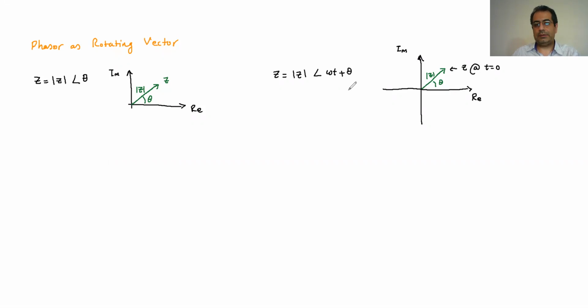this is going to increase. So at t equal to 0 the angle is theta. If t is 1, it's omega plus theta. If t is 2, it's 2 omega plus theta. If t is 3, it's 3 omega plus theta. The magnitude is not changing, so the length of the vector is not changing.